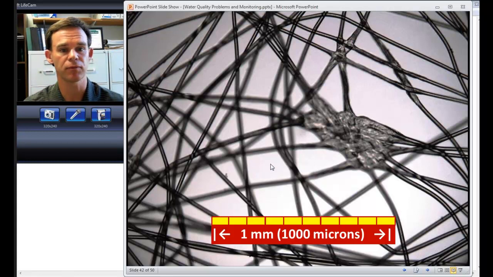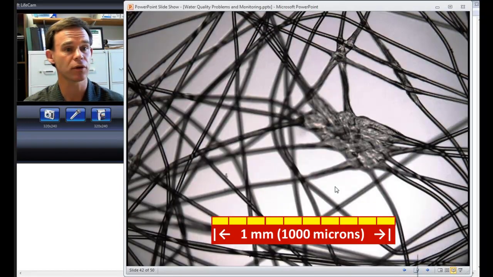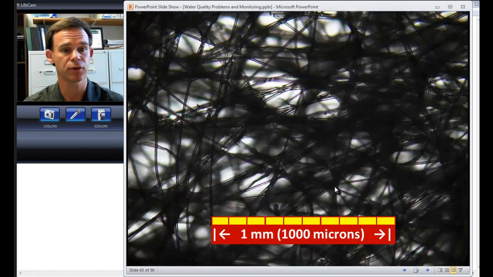And here you can see a paper from one greenhouse with very big holes. Okay, so that distance from there to there would be 250 microns, for example. Whereas this is from a different greenhouse with much smaller holes. So this grower is going to go through less paper, but is going to have most of the particles pass through. This grower is going to have more cost in paper, but would be more effectively filtering.